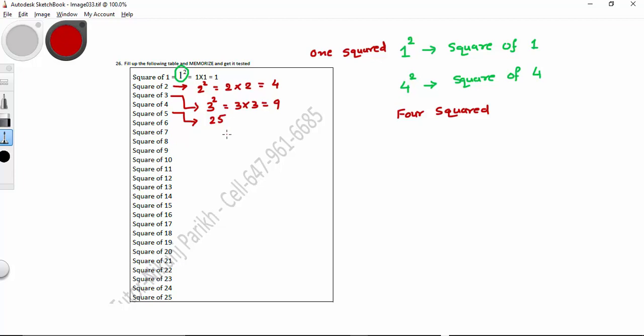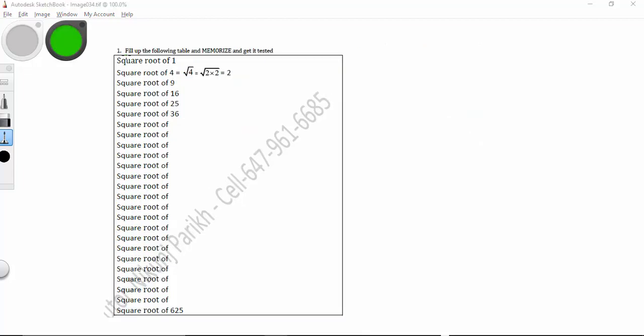If I ask you what is the square of 12, then you have to say that the square of 12 is 144. You understand this? So now, fill up this entire table and let your teacher verify the correctness of the answers. Get it? Now, you can see that the number of this exercise is 1, which is incorrect. Let us call this 26A. Okay?